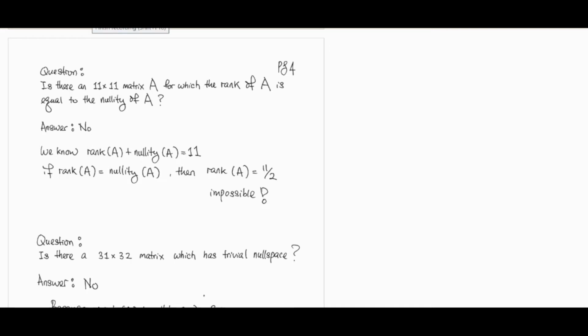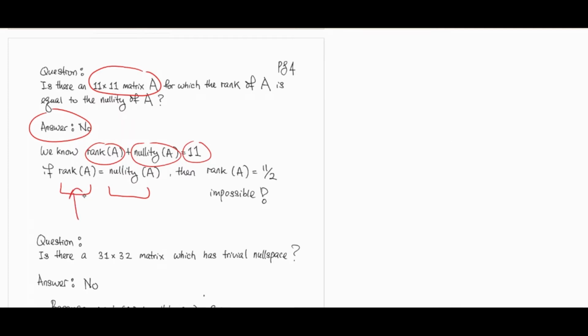All right, let's look at the solution for this problem. The first one right here, the answer is no, because if you do have such a matrix of size 11 by 11, then the rank of that matrix plus the nullity of that matrix should be equal to 11. But if you also require the rank of A and the nullity of A to be the same, then I can rewrite this.